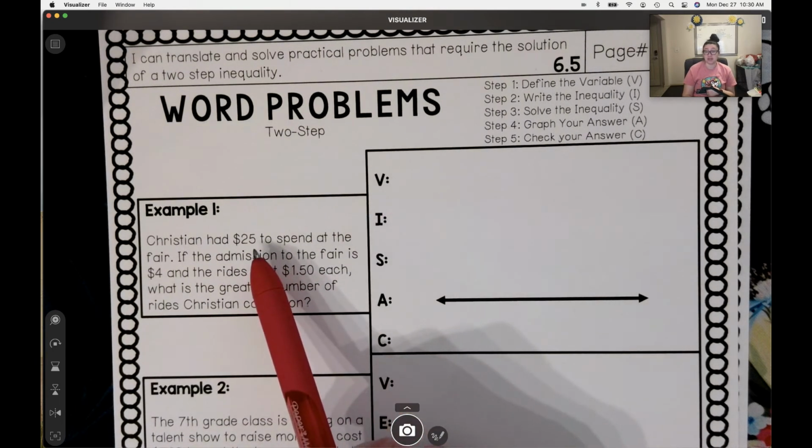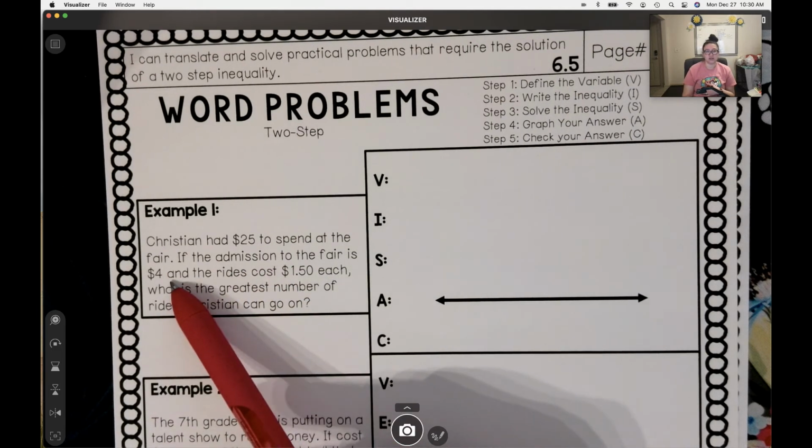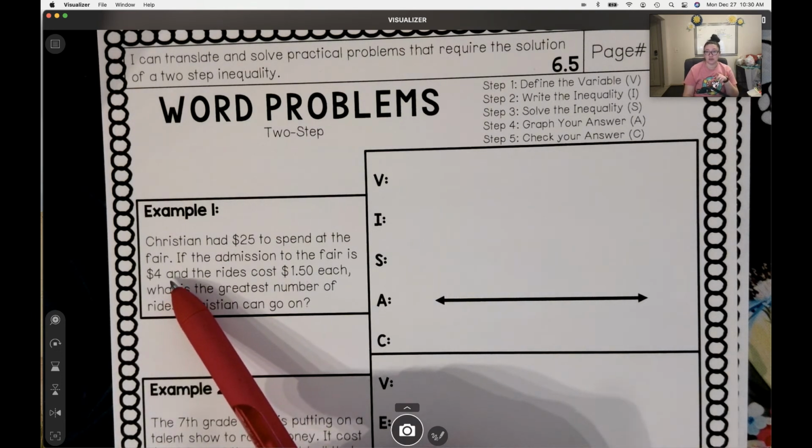Is Christian going to keep getting $25 over and over again? No. Admission to the fair is $4. When you pay admission, you only pay one time. You only pay for your movie ticket one time. You only pay to get into an amusement park, a roller coaster place, one time.